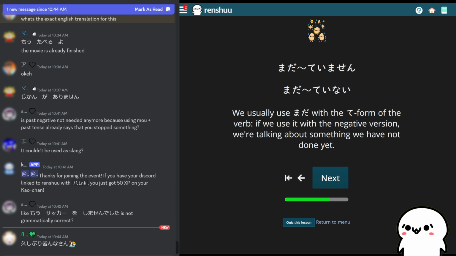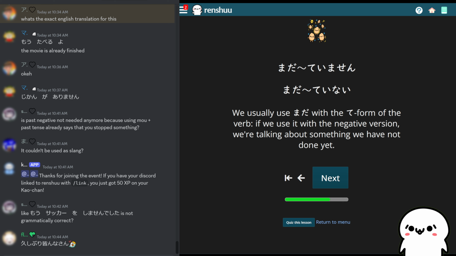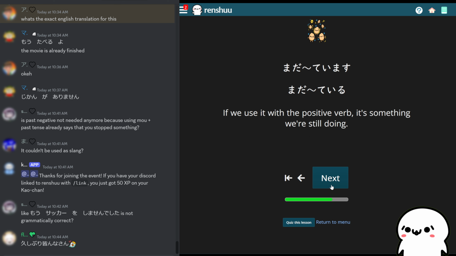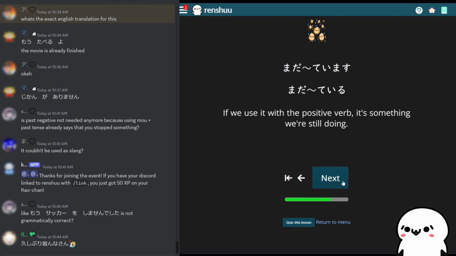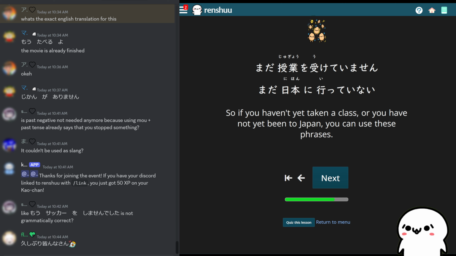This means specifically that it's something you haven't done yet, but you plan to. It can't be used for something you haven't done yet, and you probably won't. It's usually used for something that you haven't done, but you expect to do so. So I think some examples are going to pop up in a second. Let me jump past the positive forms and let's jump to some examples.